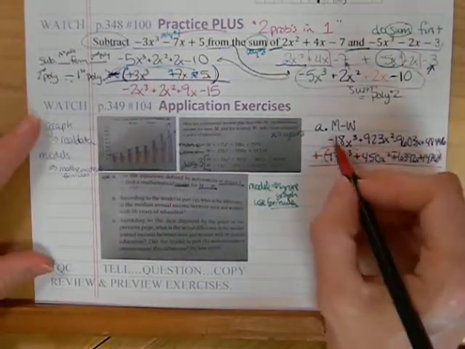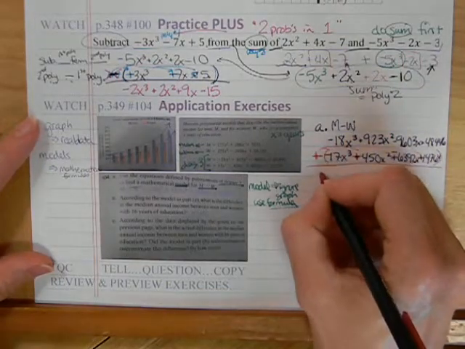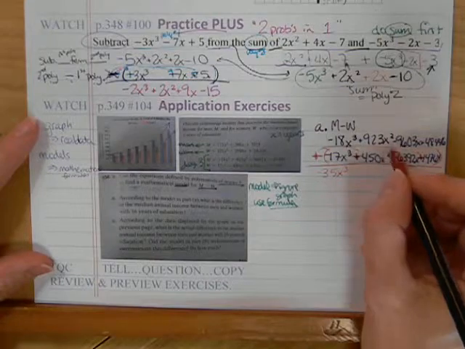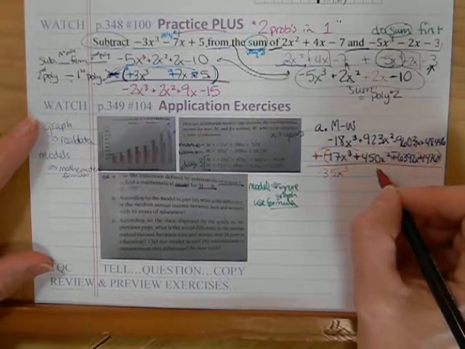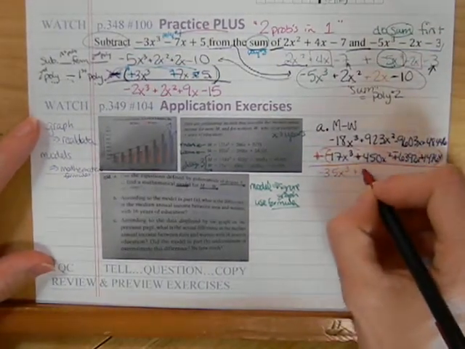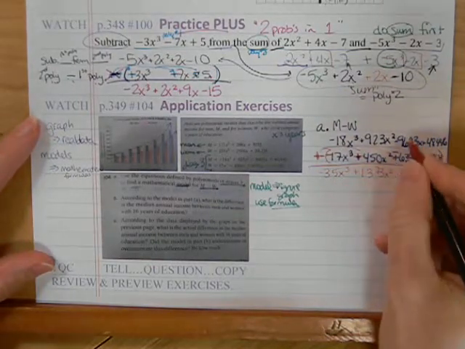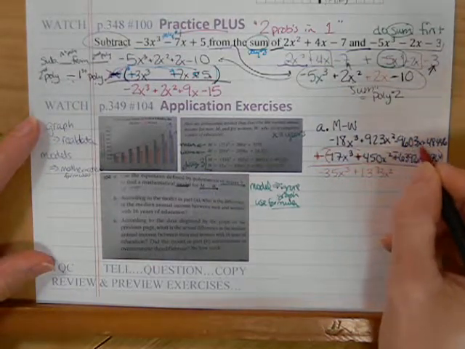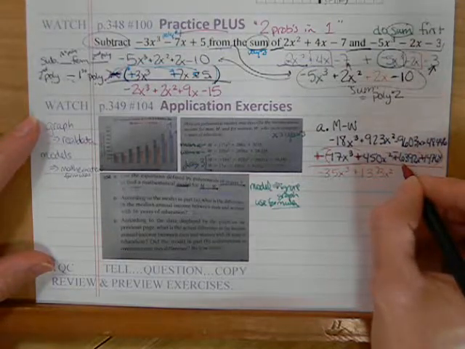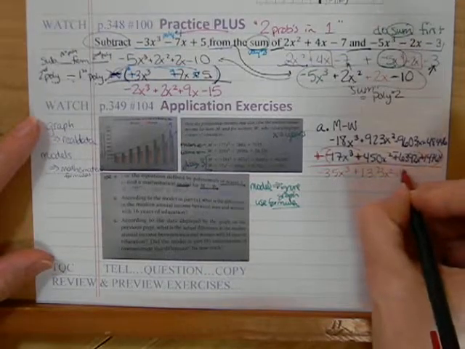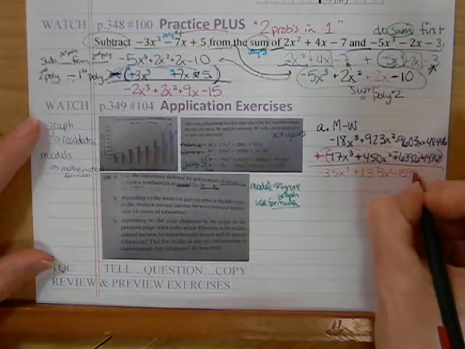And when you do, the negative 18 minus 17 gives you a negative 35x cubed. The 923 plus the 450 will give you a plus 1373x squared. The negative 9603x and another negative 6392x actually gets you a negative 15995x.